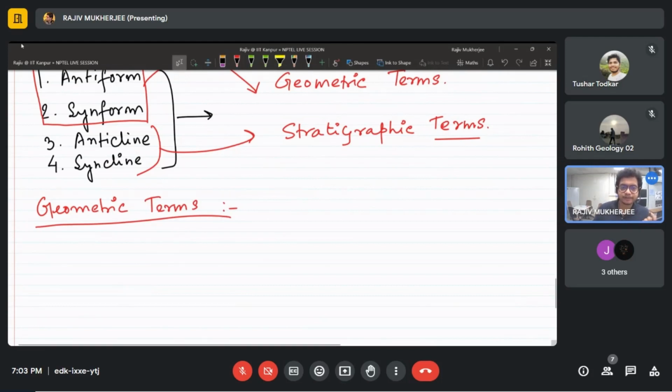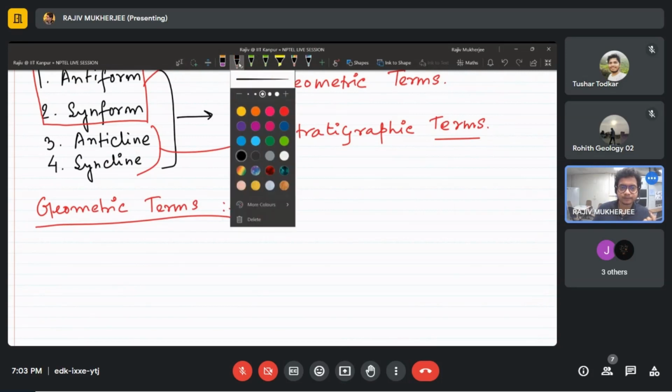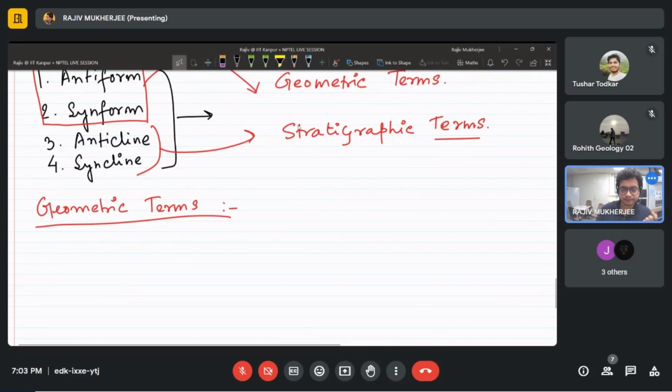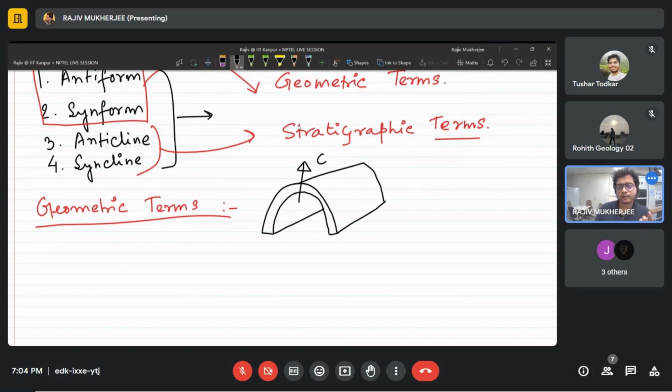So geometrically, if a fold is convex upward, okay, so if this is the structure, convex up, this is antiform.